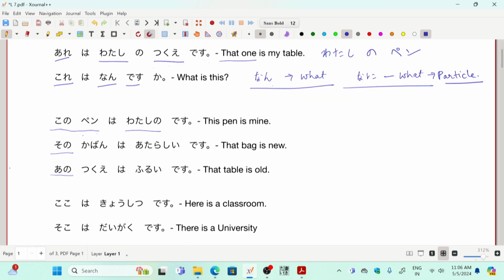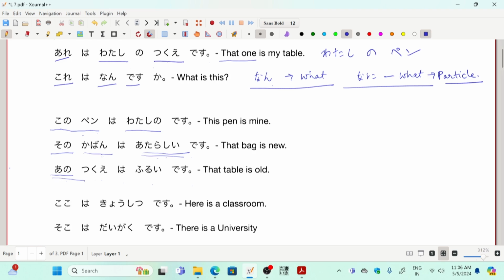Next is, if we want to say that bag is new, so atarashi is new. Sono kaban wa atarashi desu. Kaban, bag, atarashi, new. That bag is new. Next is ano tsukue. Ano tsukue wa furui desu. So ano, which is far.